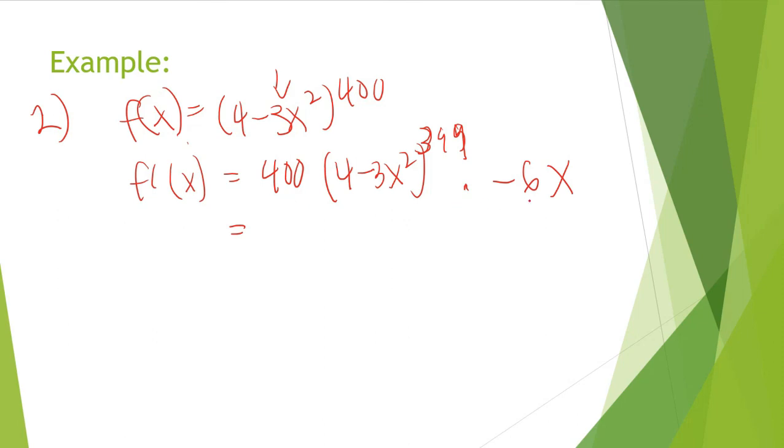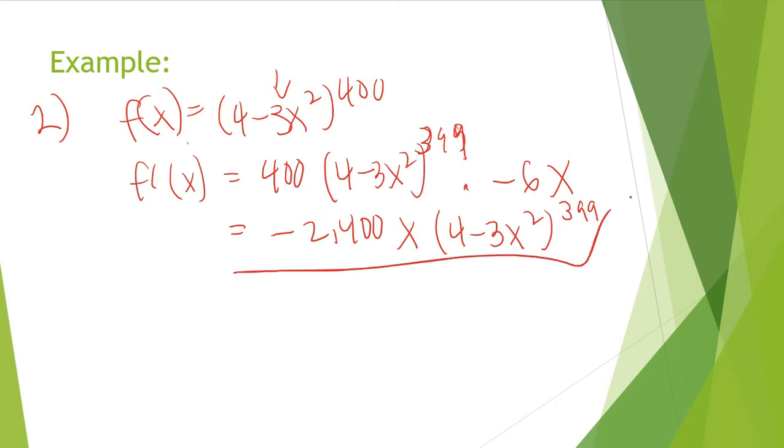So, negative 6x times 400 will give us negative 2,400x. And then, we just copy the remaining function, 4 minus 3x squared raised to 399. So, this is our final answer.